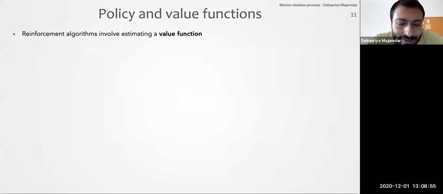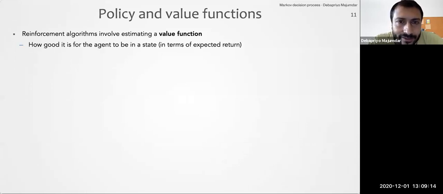Whatever we are thinking, we will actually choose according to some probabilities. Reinforcement learning algorithms, where we have the learning, involve estimating some value function, meaning expected reward or something like that. We'll now define the value function formally. The value function is a measure of how good it is for the agent to be in a particular state in terms of expected return.